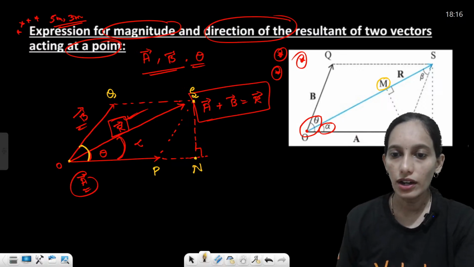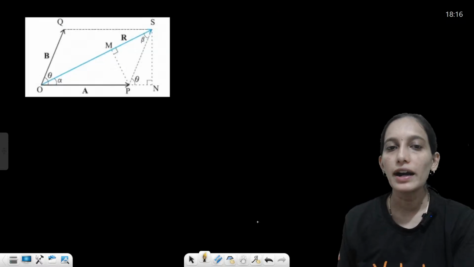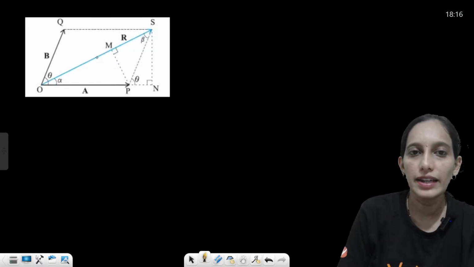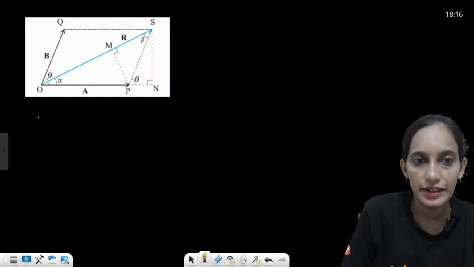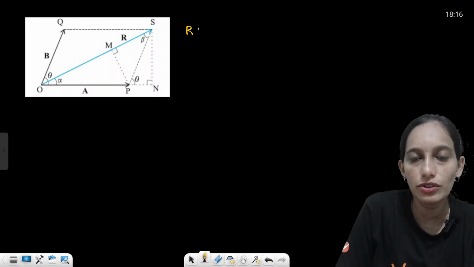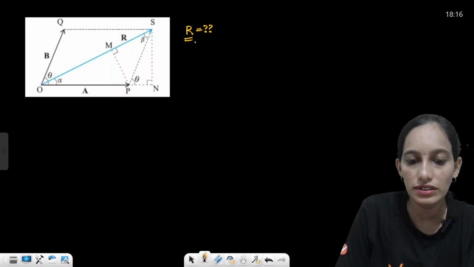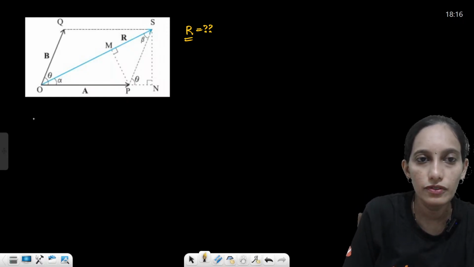Now we'll try to find out the magnitude by simply using Pythagoras theorem. The same diagram is here, so I am just sticking to the same diagram. We are supposed to find the magnitude of this resultant vector. For that, first we'll consider the triangle ONS.